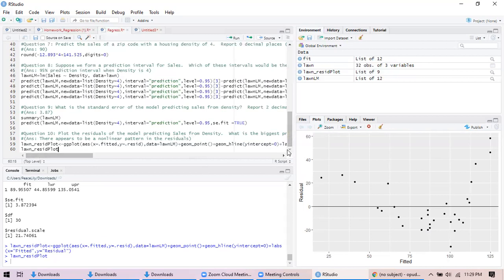Non-random patterns is the same as non-linear. Non-random is the same as a non-linear model, and a random pattern is the same as a linear model.